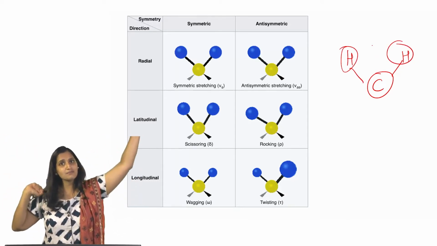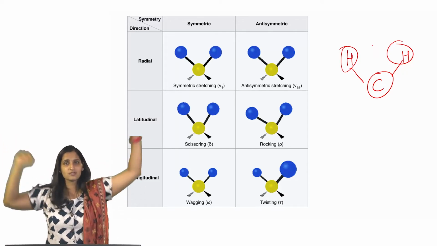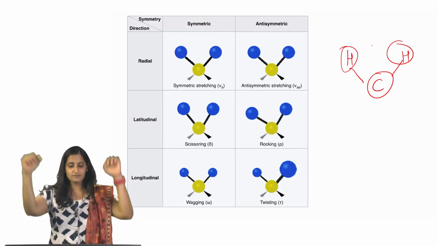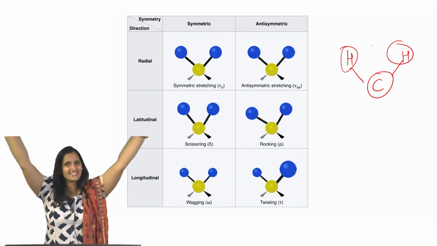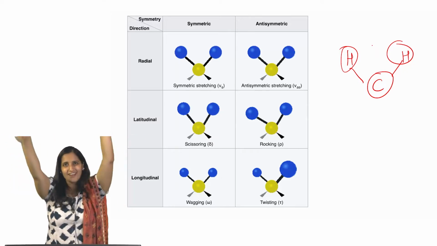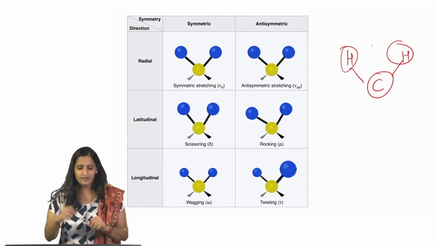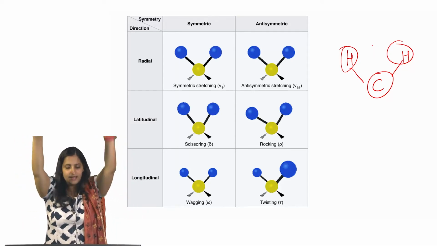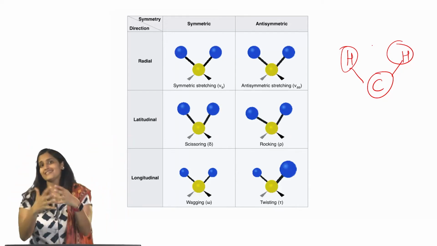You can have an asymmetric stretching such that one hydrogen is going away while the other hydrogen is coming together, or you can have something like scissoring, or rocking, or something longitudinal, so wagging or twisting, various kinds of motion.